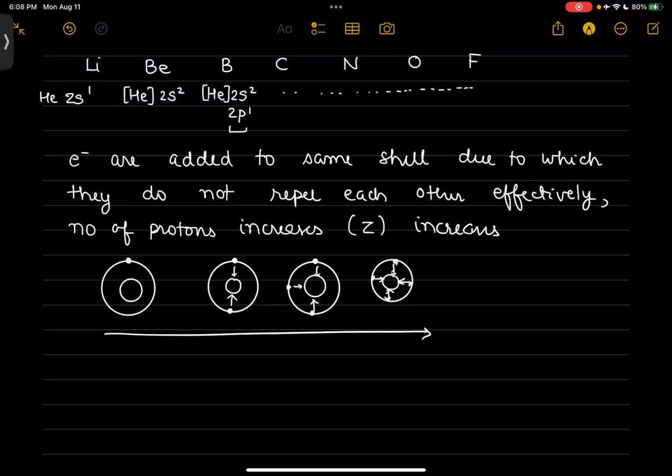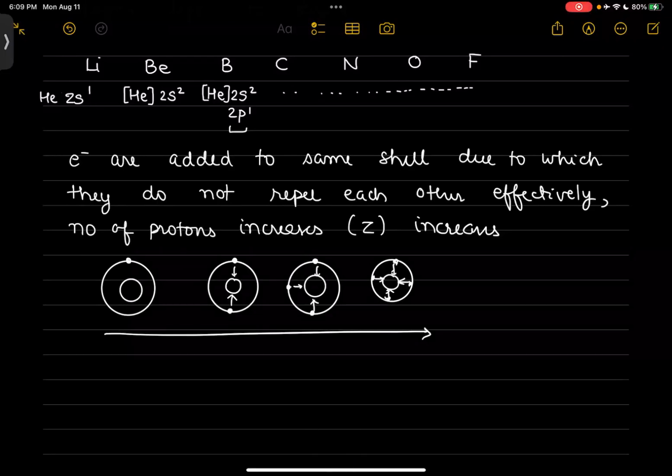So can you conclude what happens to the atomic radius as you move from left to right across the period? The size decreases. What is the reason? The valence shell's electrons are attracted to the center.